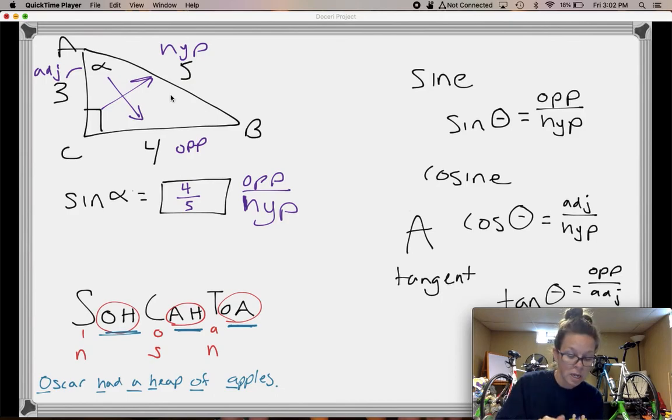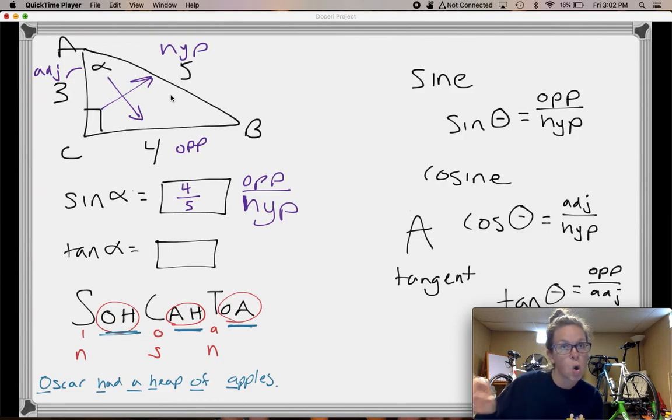Okay. Let's do one more on this triangle. Let's say that it wanted us to find the tangent of alpha. Well, tangent of alpha, SOHCAHTOA, TOA is opposite over adjacent. Tangent uses the opposite over the adjacent. So we already had the whole triangle labeled. The opposite side is 4 and the adjacent side is 3.